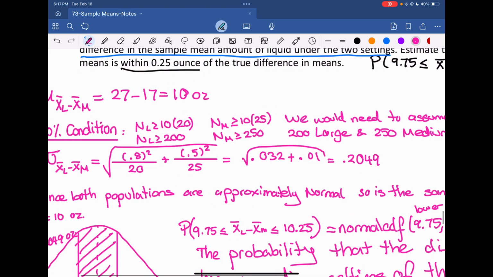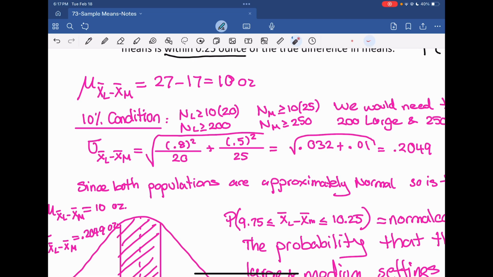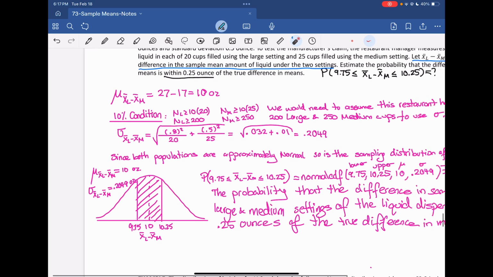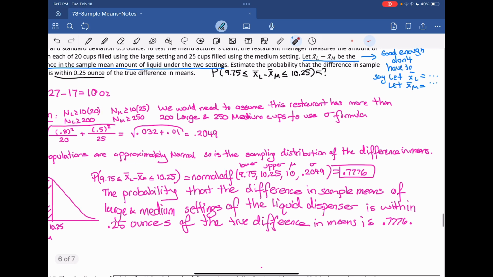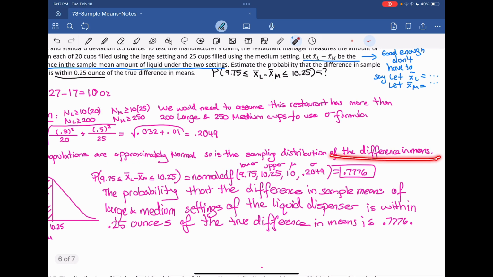Here's our sigma formula. I would again urge you to do this first, then this, and then add them up and take the square root, and you get 0.2049. Since both populations are approximately normal, so is the sampling distribution of the difference in means.